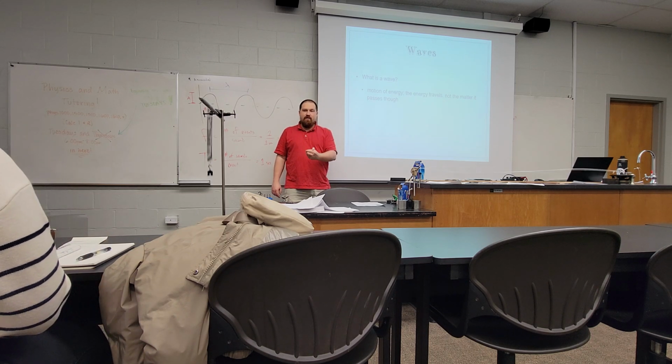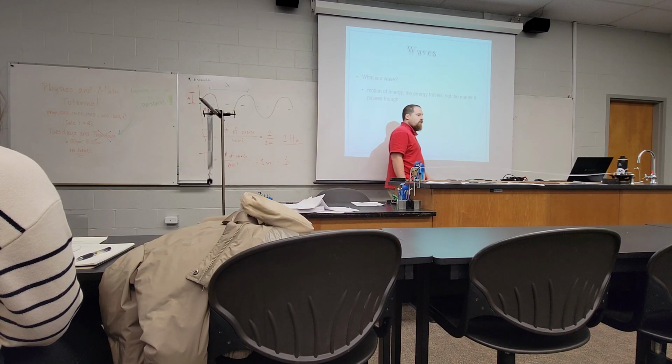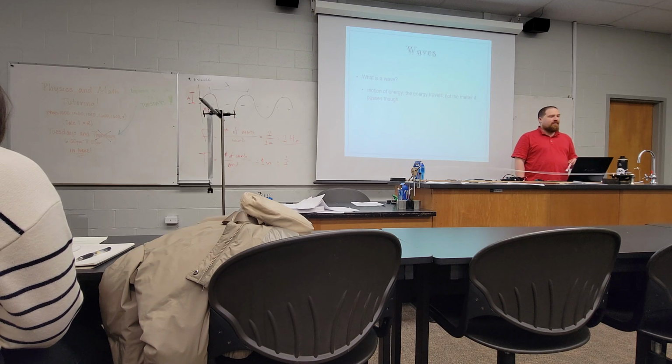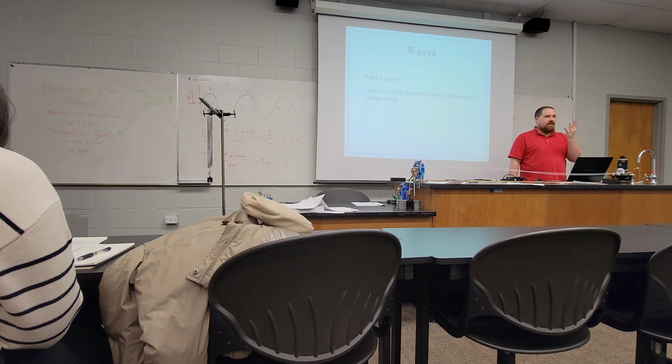The energy in that spring travels between its two ends, between the mass and the spring. And the same is true of every single type of wave. Every wave you can think of is just traveling energy. That includes sound, light, ocean waves, earthquakes.